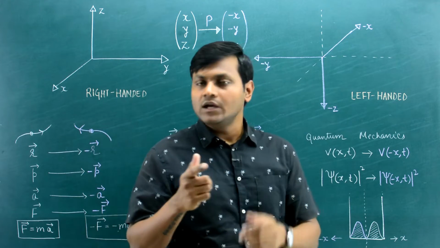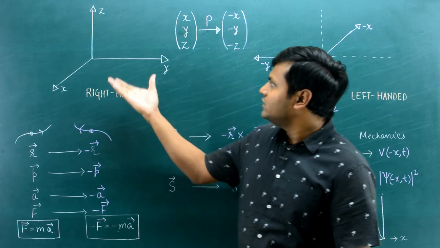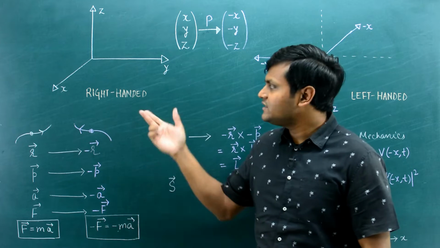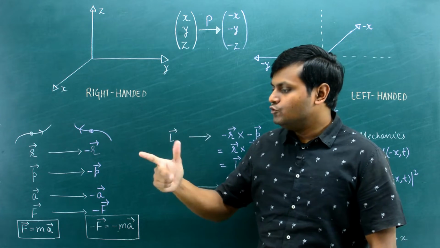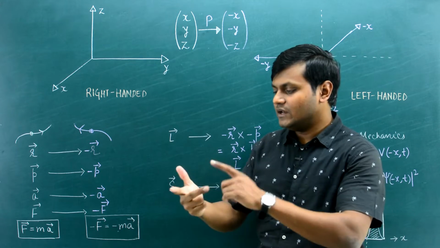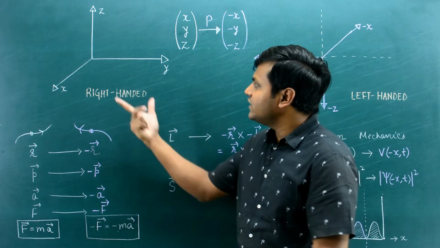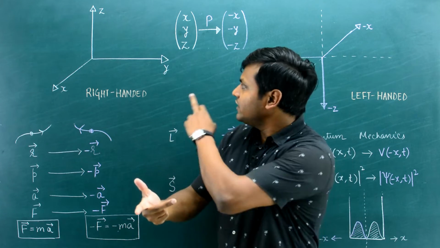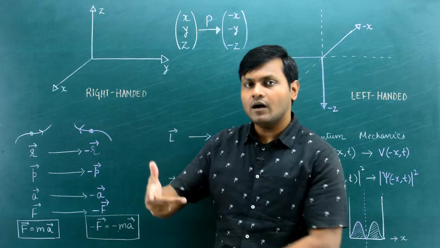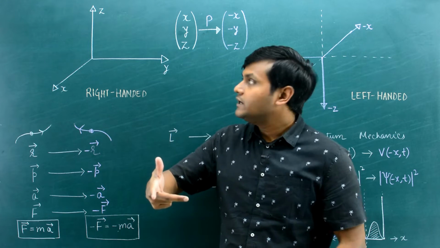Now what does that mean? If you look at the coordinate frame of reference on my right, it is a right-handed system in the sense that if I take my right hand and use my three fingers, the index, middle and the thumb, where the index finger points towards the x-axis and the middle finger points towards the y-axis, then my thumb will automatically point towards the z-axis.